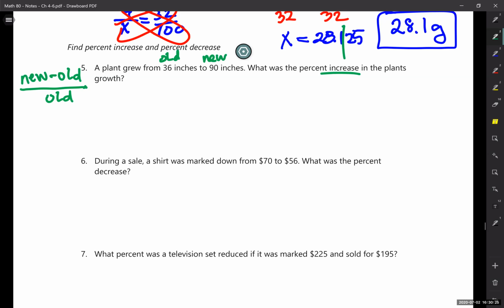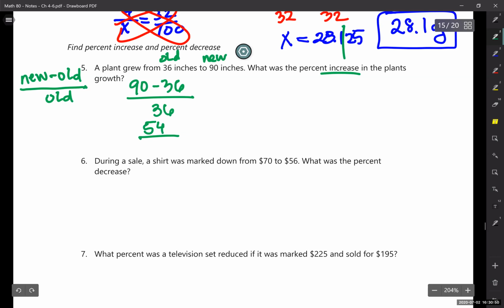So 90 minus 36, because I need to know how much it grew out of the 36 that we started with, because we always put the original or old number on the bottom. So 90 minus 36. What we're saying is this grew 54 inches.